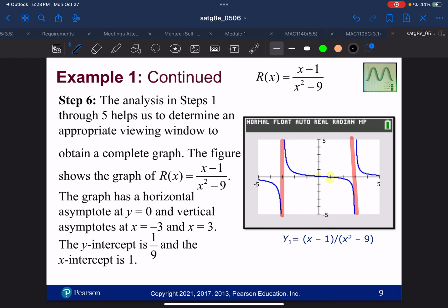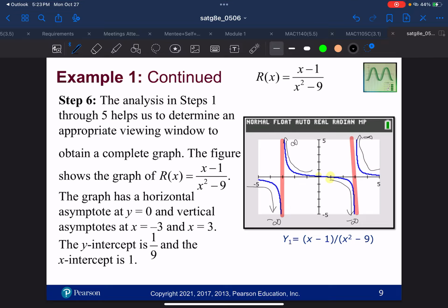And then we can see on the right side of this graph, it's going down to negative infinity. But if I approach that asymptote on the other side, then it's going to positive infinity. Same thing with the other side. It's going to negative infinity this way, and it's going to positive infinity this way. So our multiplicity knowledge was correct.